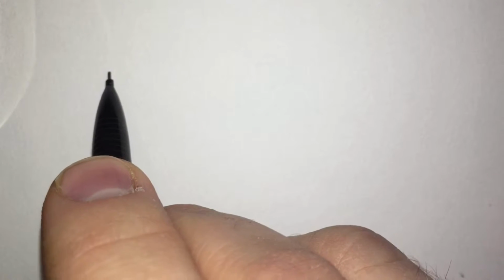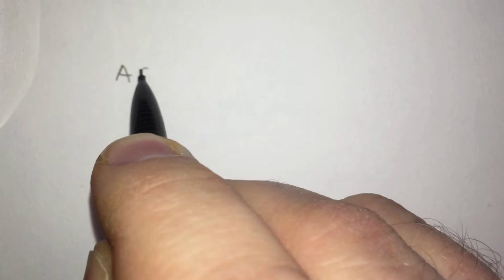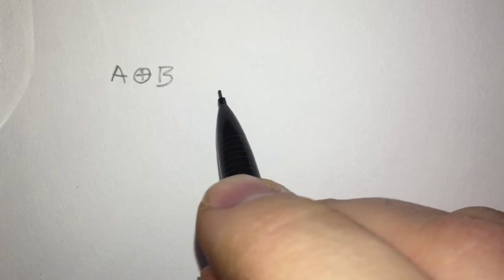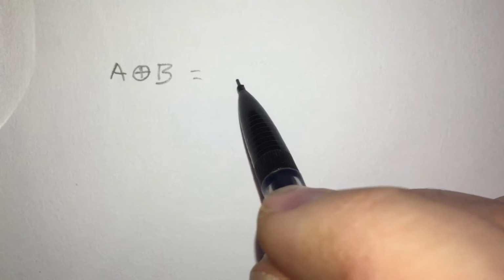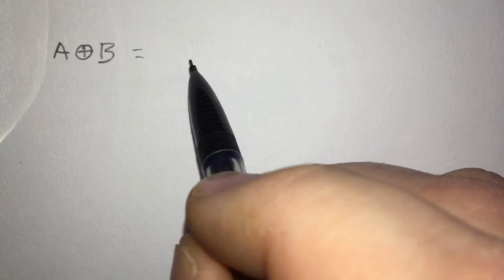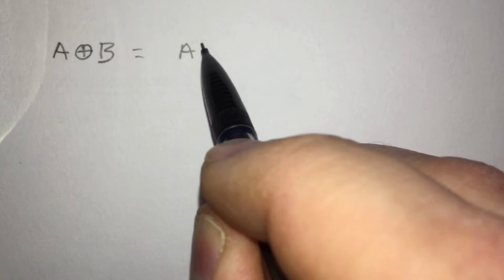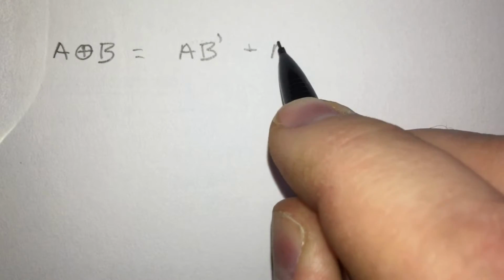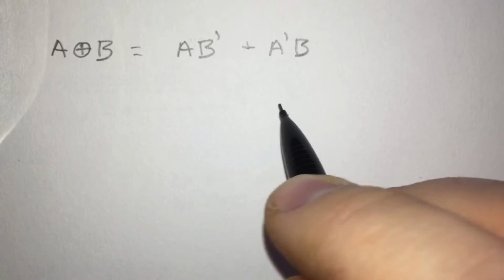So what we can do is start out with our exclusive OR statement, A exclusive OR B equals A B not or A not and B.